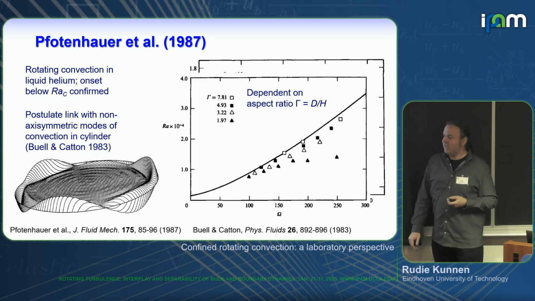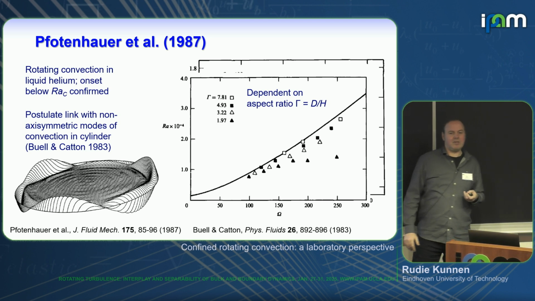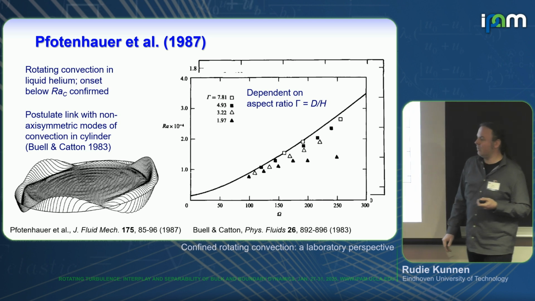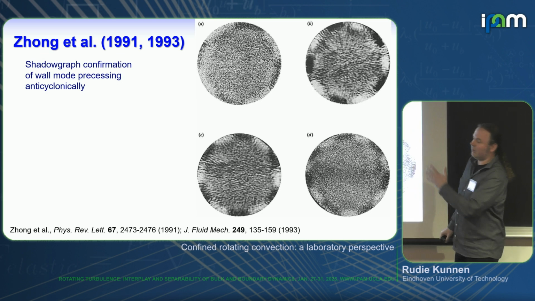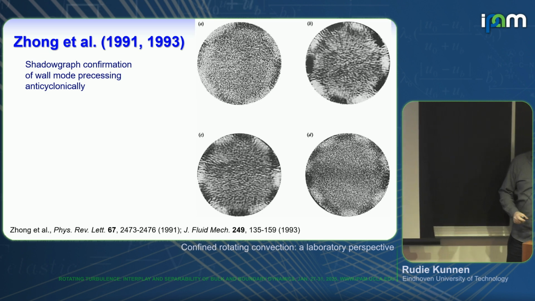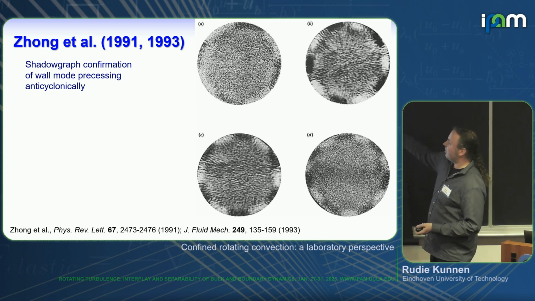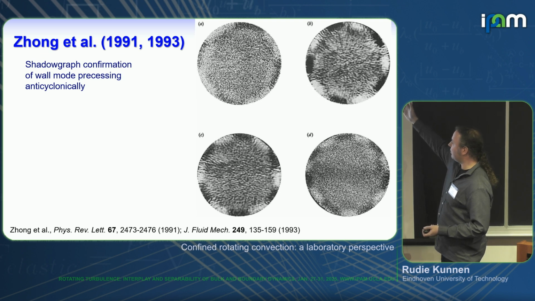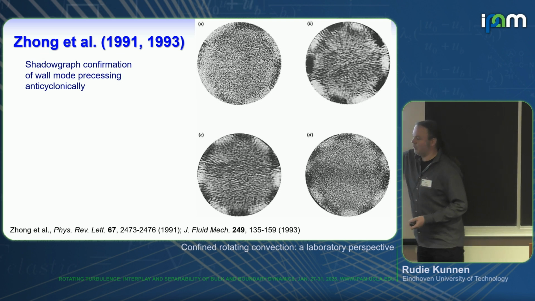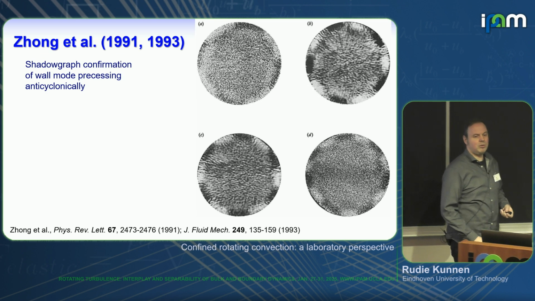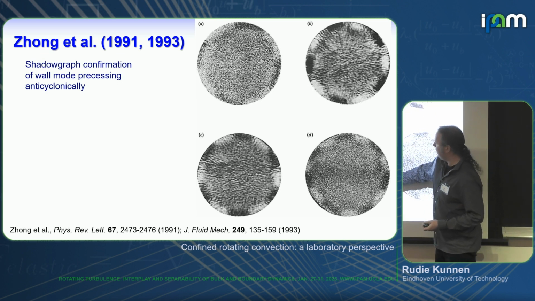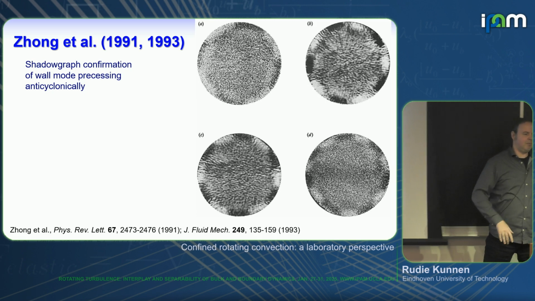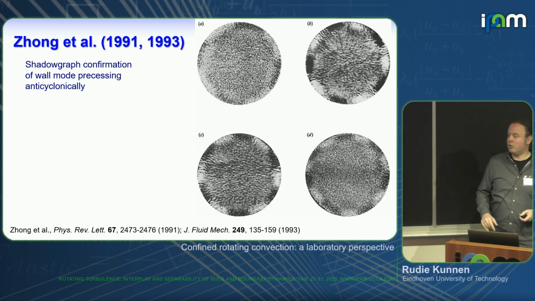But then it's time to really validate this, and now it's time for some visualizations. And these came a few years later, investigations done by Zhong et al., where also Bob was involved. And these shadowgraph visualizations clearly show the presence of this wall mode, with these bright and dark spots being the up and down going lobes of the wall mode.